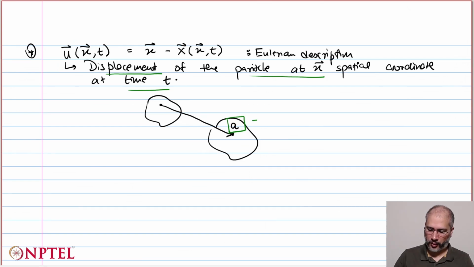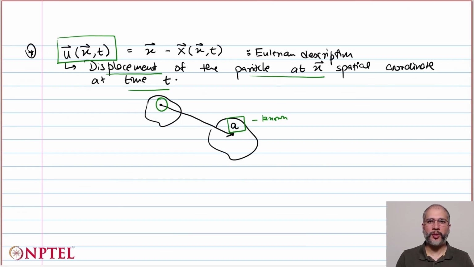This is sort of known because we know the spatial position, but we do not know where it is coming from. So this is where the Eulerian description of the displacement field becomes more useful.